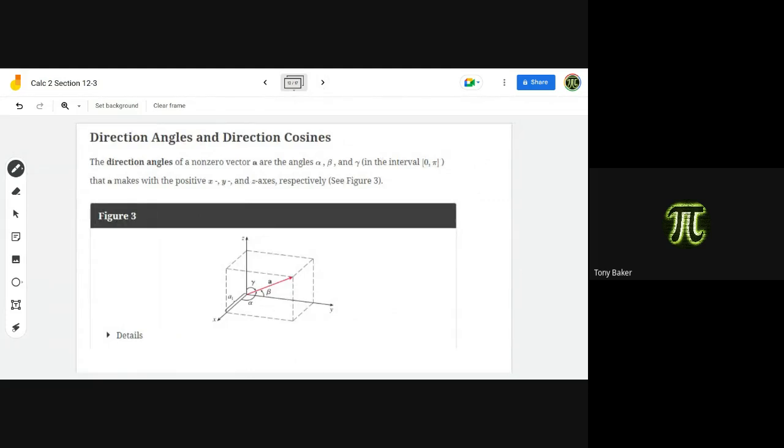Now, the next thing. So when we're looking at a flat two-dimensional plane, you really only have that one angle. Okay. However, when we're looking at a three-dimensional space, when we're looking at one vector, we have actually 3 different angles.